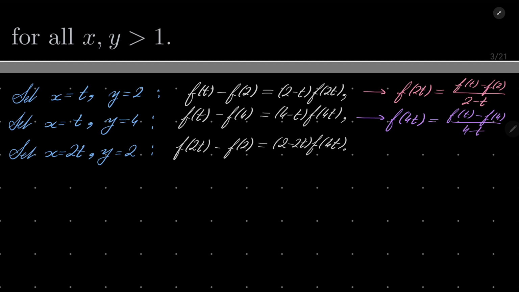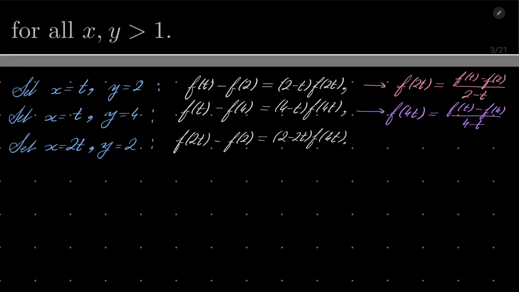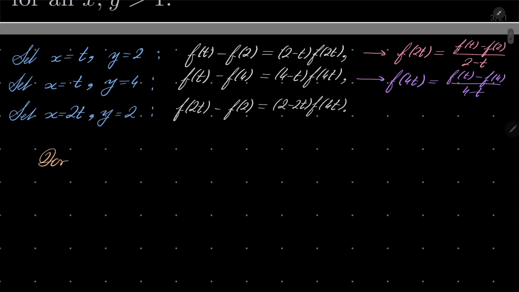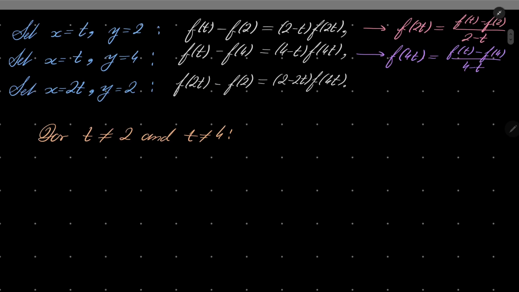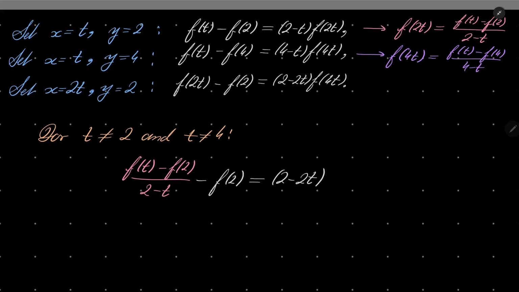Of course, t cannot be equal to 2, cannot be equal to 4. So for t not equal to 2 and t not equal to 4, we have the following. The third equation can be written in the following way. Instead of f(2t), we can put (f(t) − f(2)) over (2 − t), minus f(2) equals (2 − 2t), and instead of f(4t), we have (f(t) − f(4)) over (4 − t).